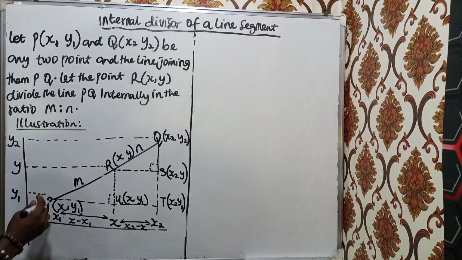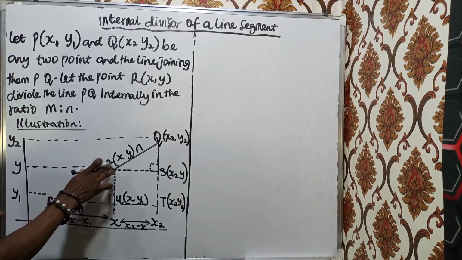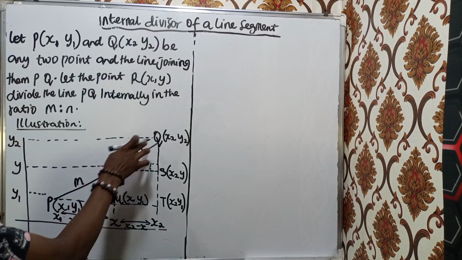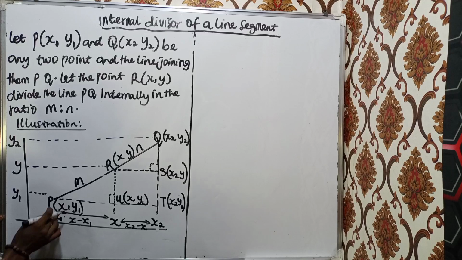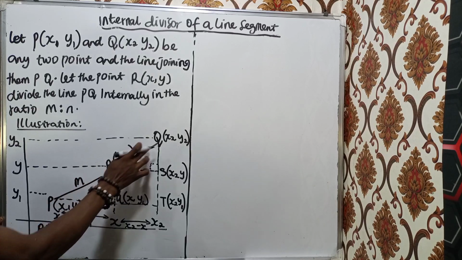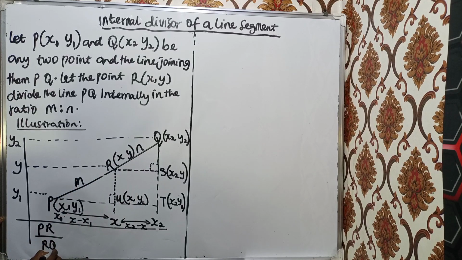So therefore, we can say that triangle PRU is similar to triangle RQS. Therefore, their ratios of corresponding sides must be equal. So PR all over RQ must be equal if we say that they are similar.